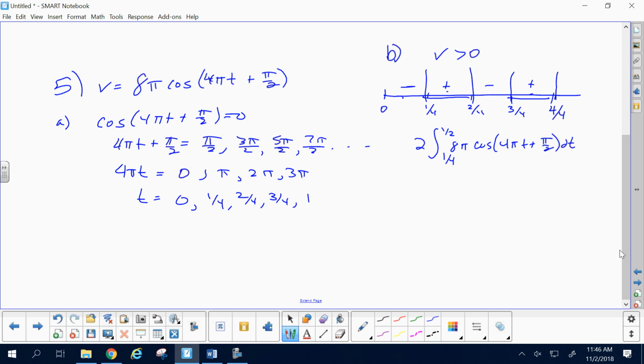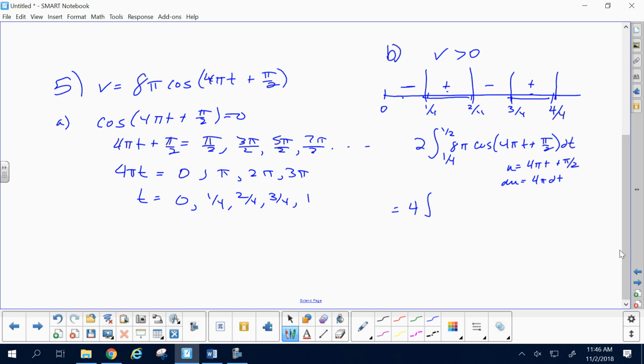I didn't use sub on this, I mentally used sub on this. In my mind I thought, well, my u would be 4 pi t plus pi over 2, so my du is 4 pi dt. Now I kind of have that. I feel like I have 4 pi there if I broke that up and called it 4 times that.